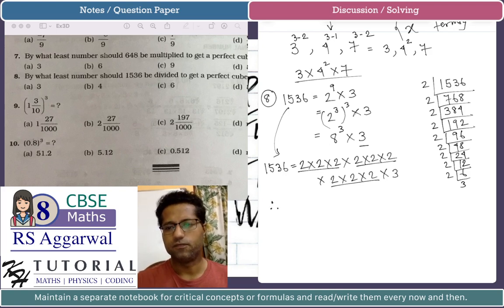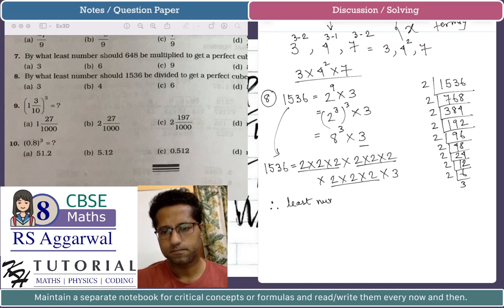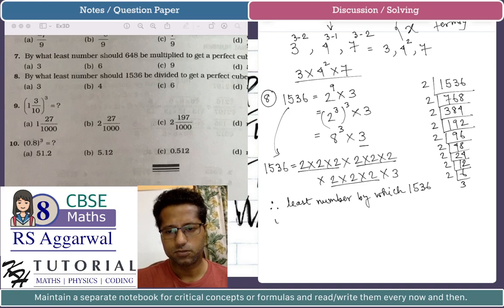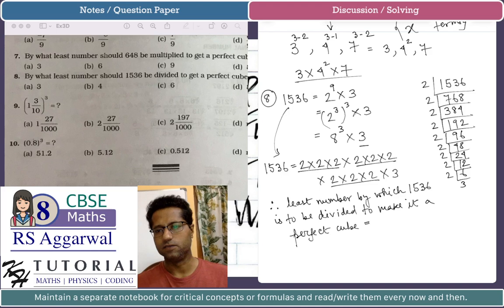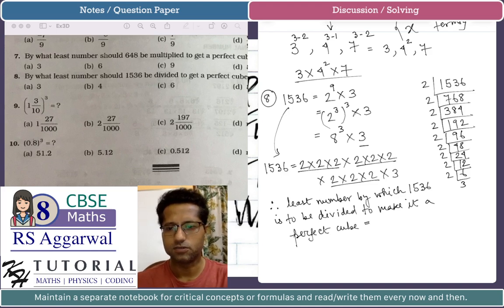Therefore, the least number by which 1536 is to be divided to make it a perfect cube is the product of all the factors which are not part of any triplets in the prime factorization of the given number.